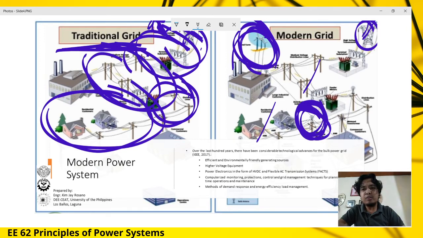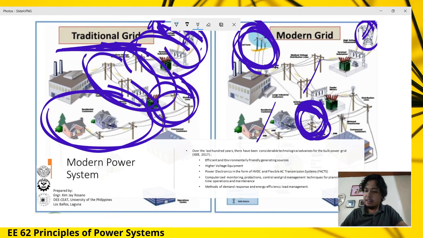You don't want a device that is inefficient na ang dami mong finifeed sa kanya pero konti lang yung nakukuha mong output. Okay? So you don't want that system. So usually, these technologies arise due to these types of needs.